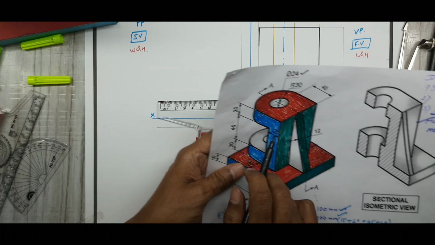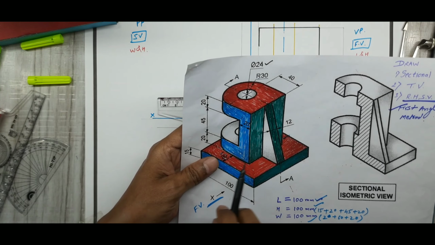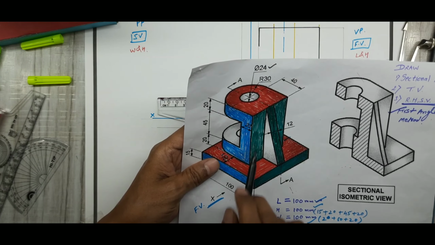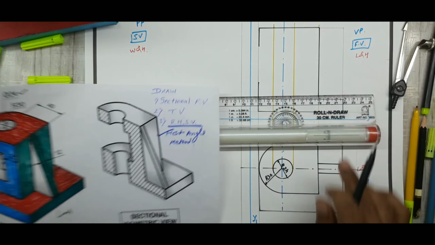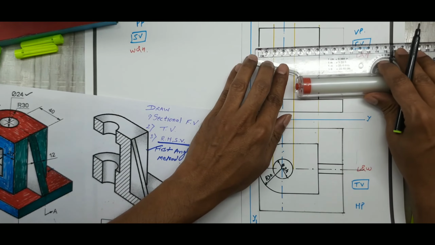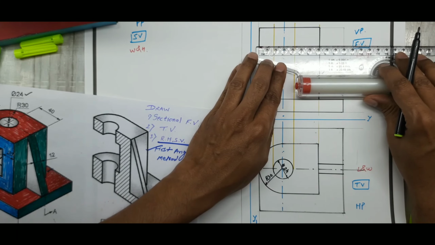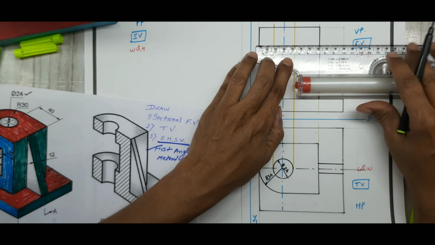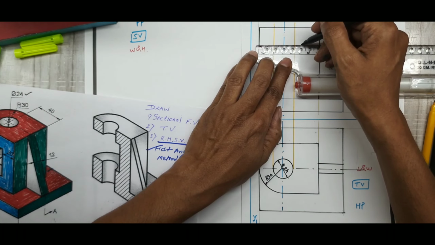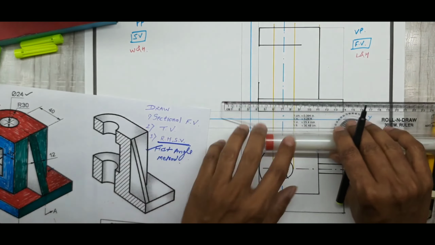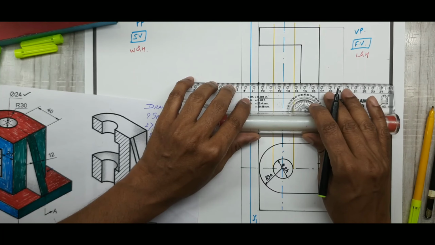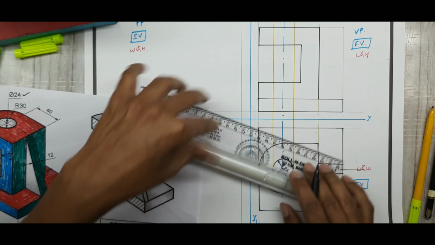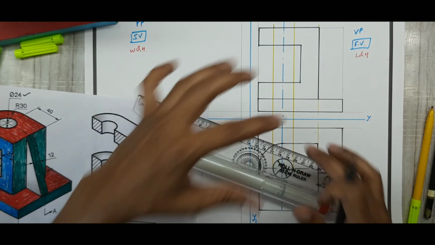Now total up to this it is 70. 70 minus 20 if you do, we'll get a 50 here. So mark a 50 dimension. So that is very important here now. This is a 50 dimension I am getting.